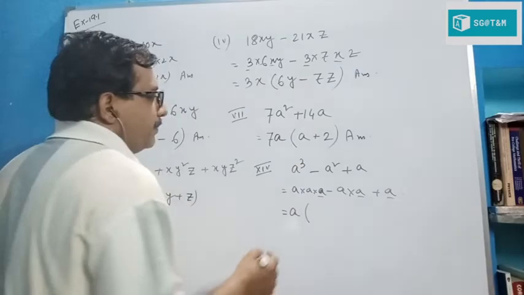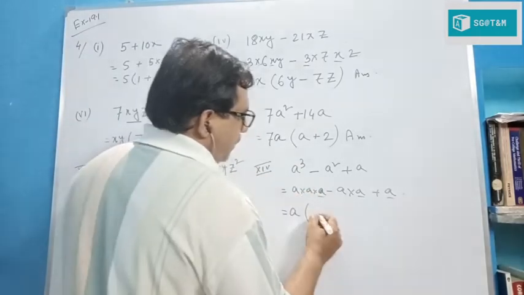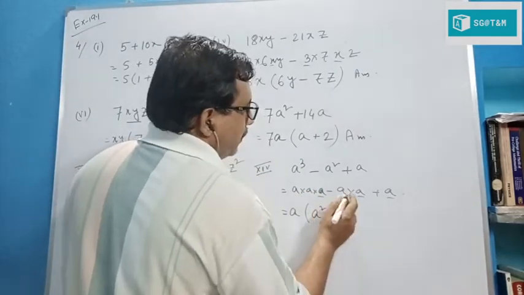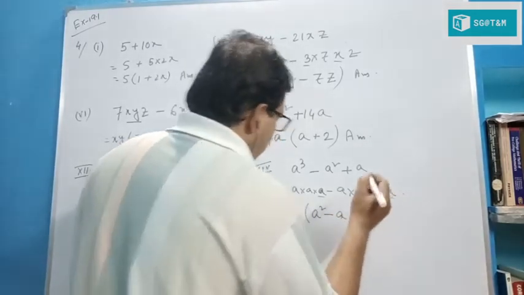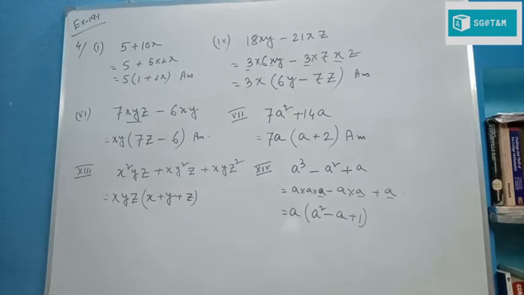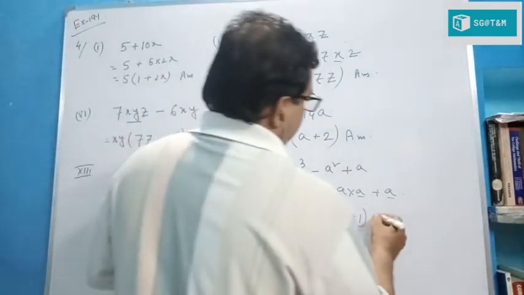Then the other terms from this are a into a, that means a square, this is minus a, this is plus 1. So a is the only common factor. If we take a common, a into a square minus a plus 1. This is the answer.